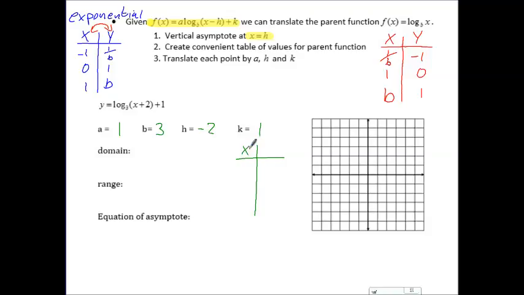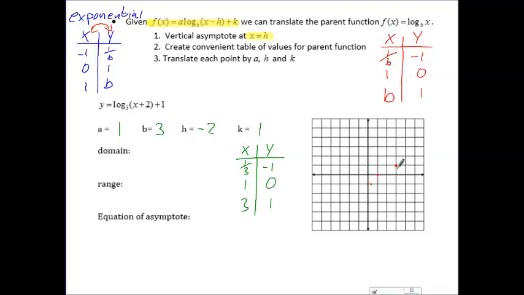X will now then be 1/3 if our base is 3, 1, and 3. And y will still be negative 1, 0, and 1 if we did not have an h and a k. So that means if we didn't have to translate or dilate our points, we would plot them like this: 1/3, negative 1; 1, 0; and 3, 1.